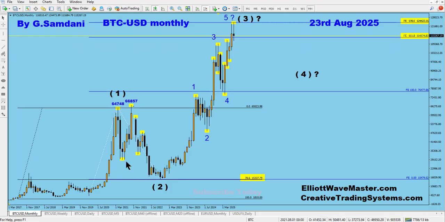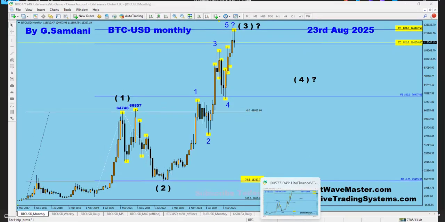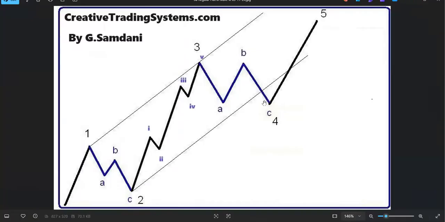This is A, B, and C. This is how it comes in wave two most of the time, around 80% I would say. But in wave four, usually if wave two has a zigzag, then wave four turns into a flat correction where A equals B equals C, and it is not as deep as this one.